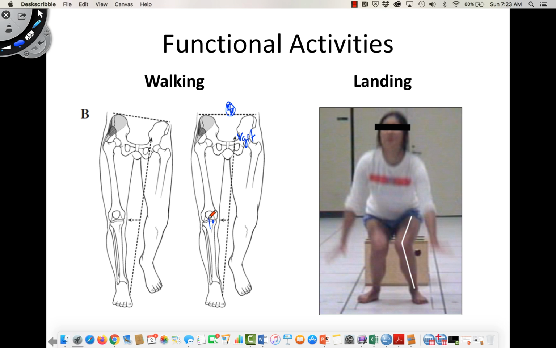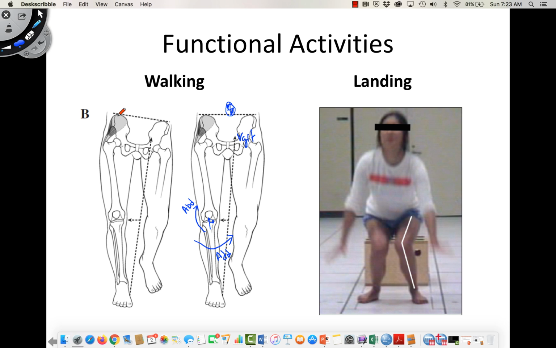And so typically the quadriceps pull would have the effect of opposing this external adduction moment, and the quadriceps pull would contribute to the internal abduction moment.